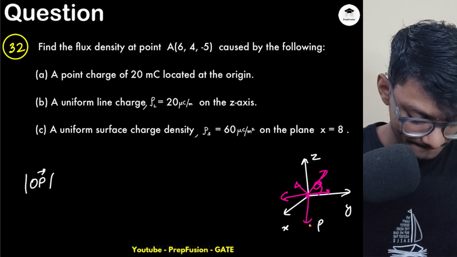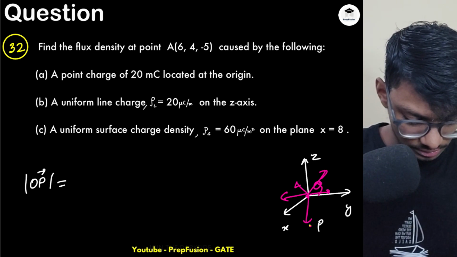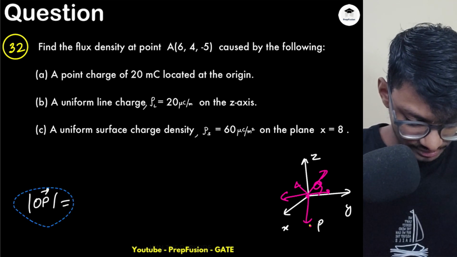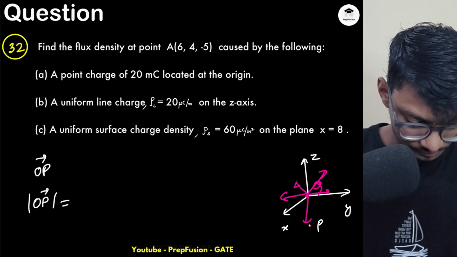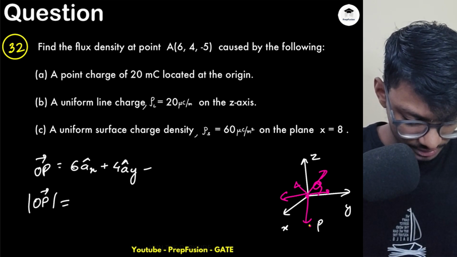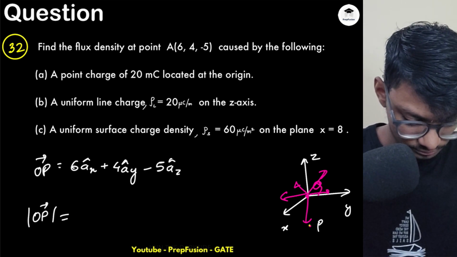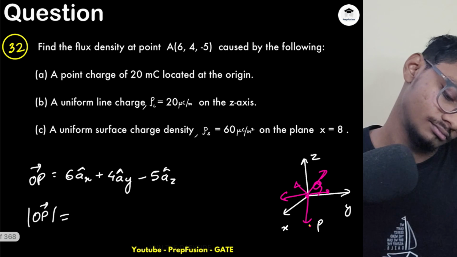First of all I will write what is my OP vector, the distance from the point charge. It is 6 aX cap plus 4 aY cap minus 5 aZ cap. Correct.